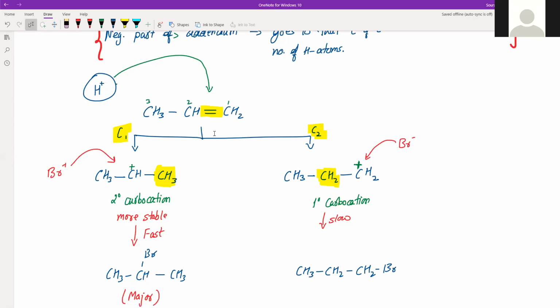So there is no bromine there, and obviously this carbon will become the 2 degree carbon, and whatever product we get here will be more stable, and that's why that will be the major product, right? So that is Markovnikov's rule and its application.